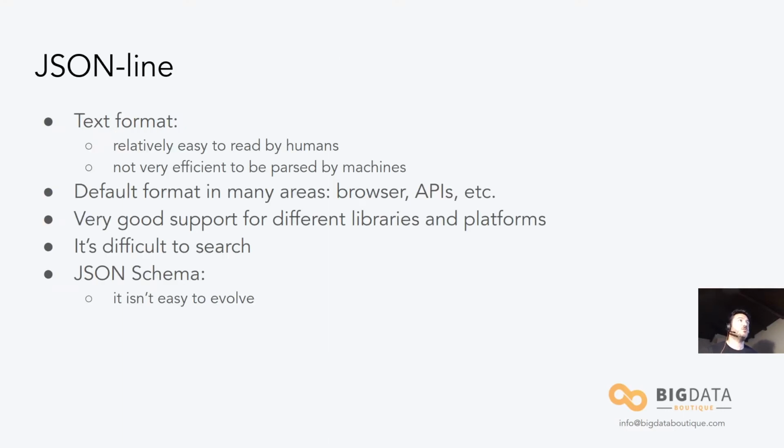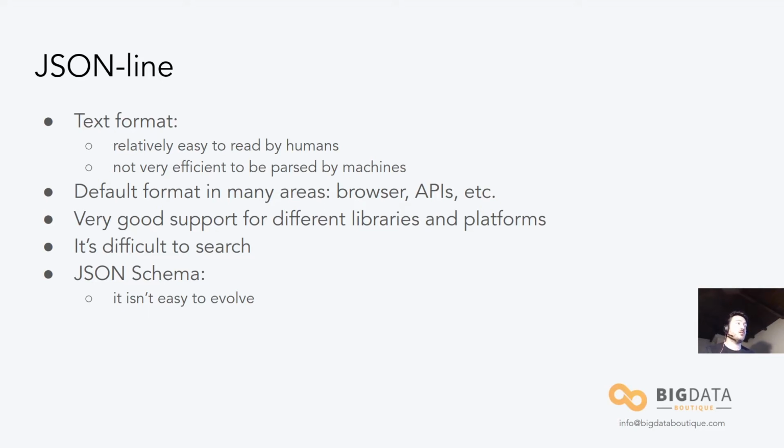In this case, I'm going to speak about JSON Lines. JSON Lines is basically JSON where you have each JSON record on one line, and in a file you can have many JSON records. It's a very typical format used by Spark to read from data files.